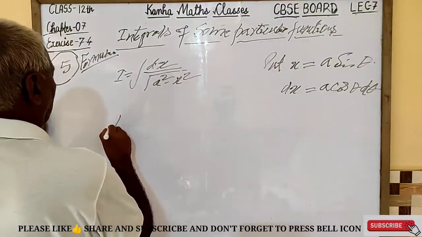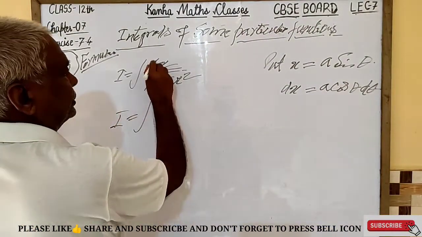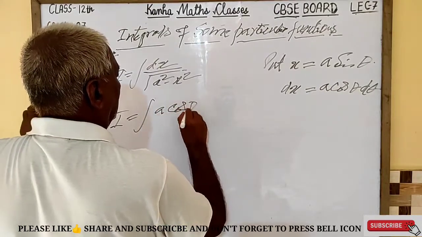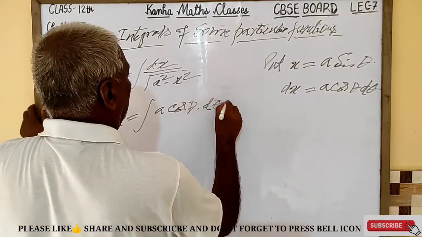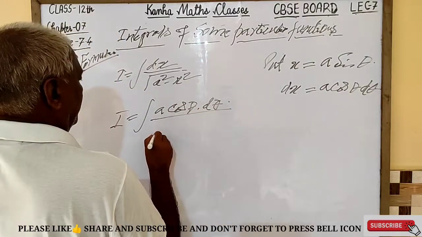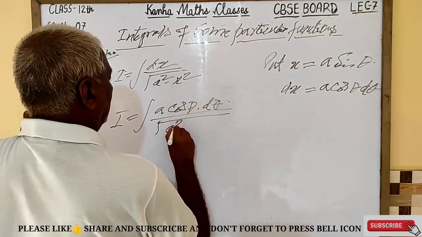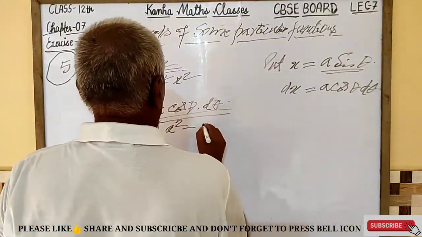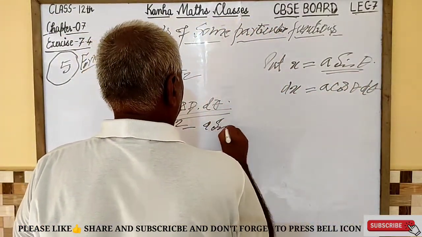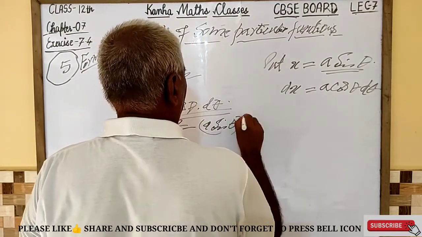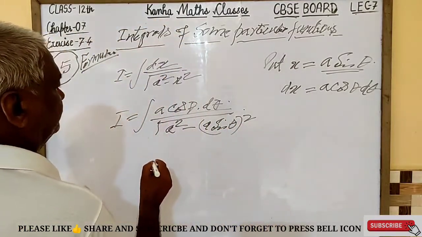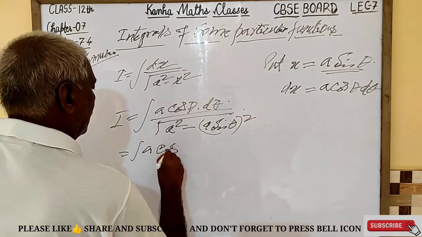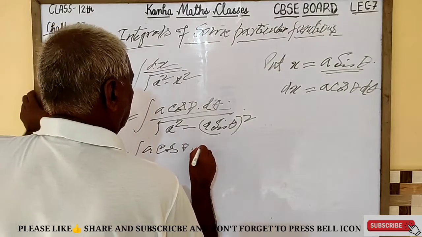Now we will write here, instead of dx we will write a cos theta d theta, and in the denominator under root a square minus x square means a square minus the square of a sin theta. Now this will be a cos theta d theta.